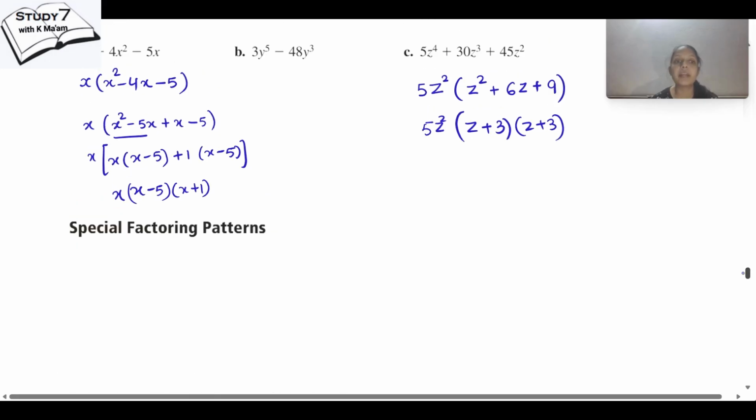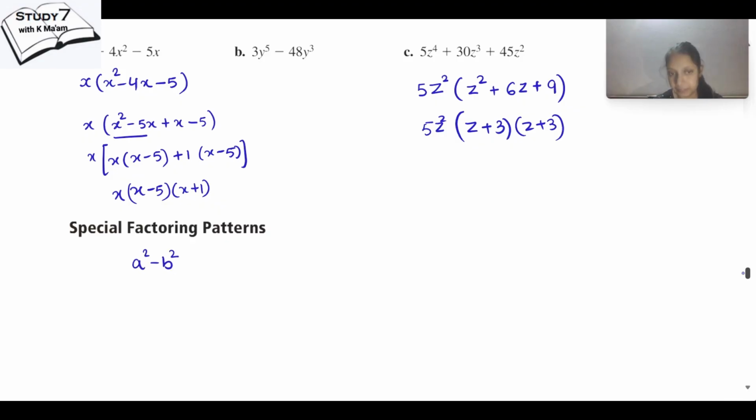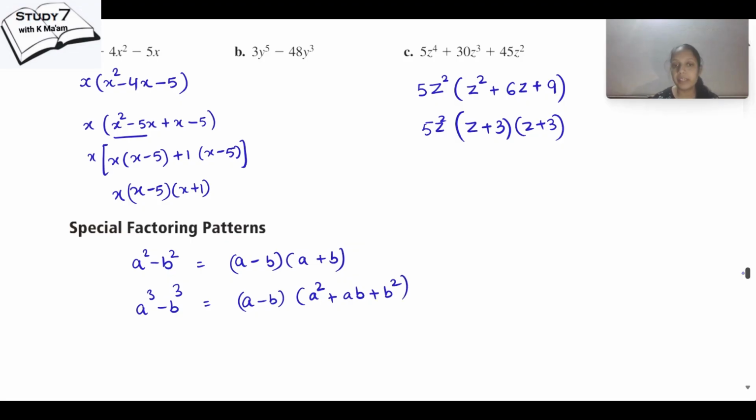Special factoring pattern. If you have a square minus b square, it can be written as a minus b, a plus b. And if you have a cube minus b cube, it is a minus b, a square plus ab plus b square. And you can remember this cannot be factored further. It is an unfactorable term.